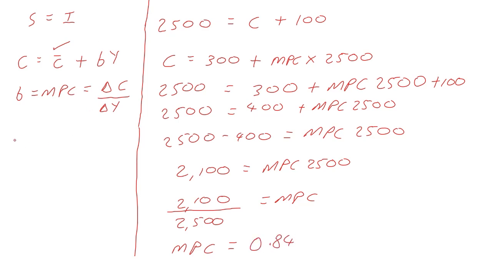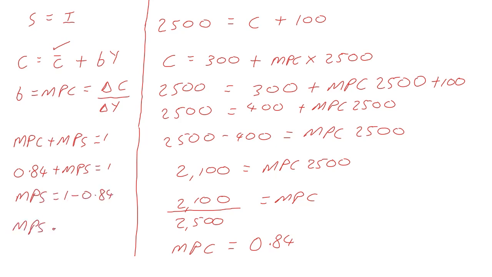One more formula that you need to keep in mind is that MPC plus MPS is equal to 1. Of MPC, I got 0.84. MPS, I do not know. Therefore, I can say that MPS is equal to 1 minus 0.84. Therefore, MPS is equal to 0.16.